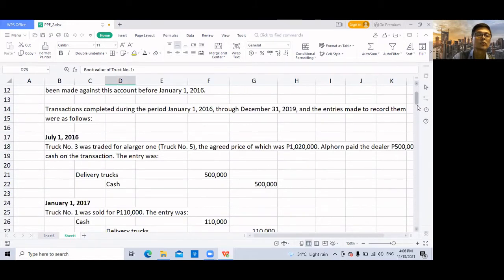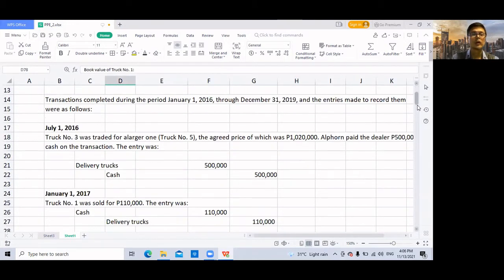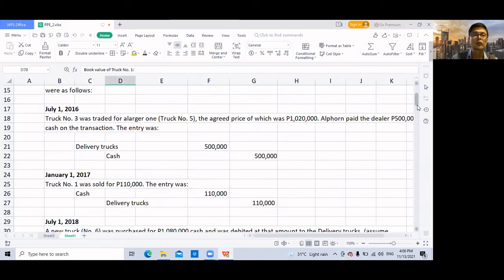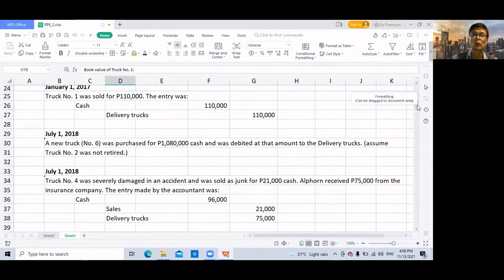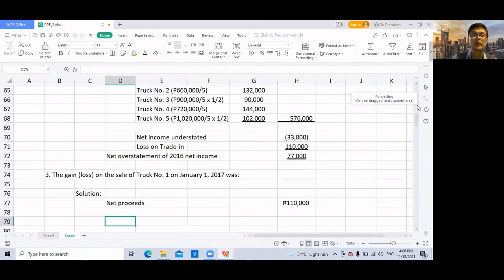The truck number 1 was sold for 110,000. So the entry is debit cash for 110,000 and credit delivery trucks for 110,000. So the net proceeds was 110,000.